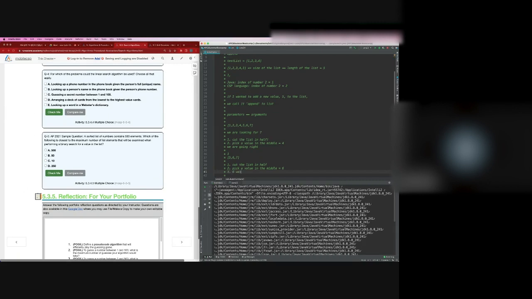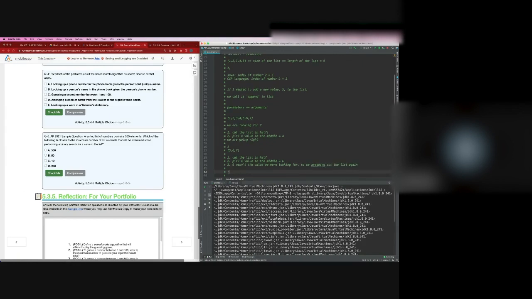And 6 wasn't the value we were looking for. So we're going to cut the list again. But we only have 7 left in the list. Yes. And we found it, right?